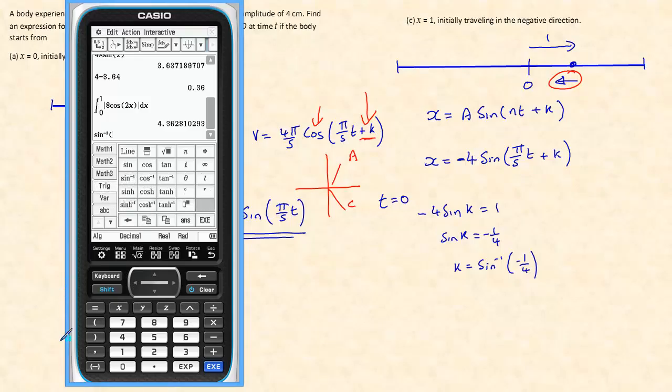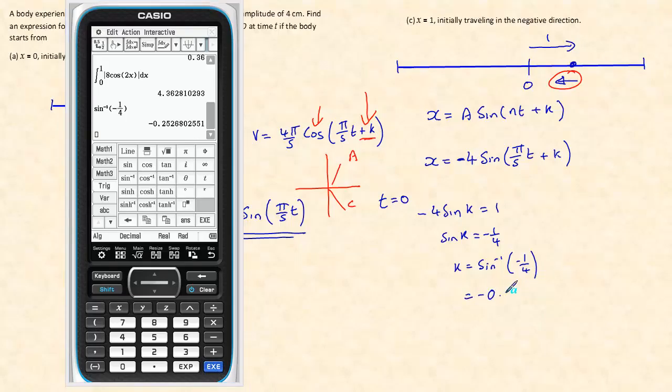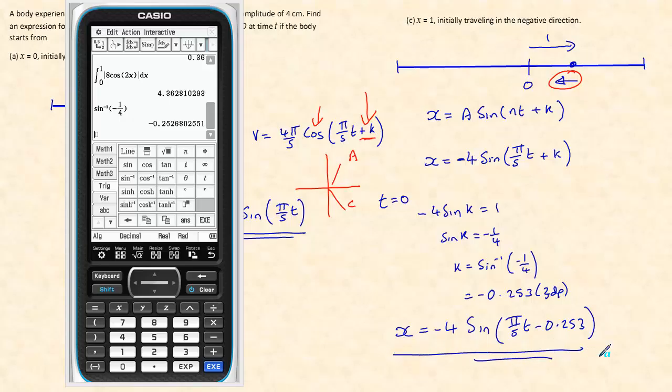So we want inverse sine of -1/4. That gives me, I'll call that, 0.253. We'll go to 3 decimal places. So we can now say that x is -4 sine pi by 5t, take away 0.253. And that will get us starting at the right place and moving in the right direction.